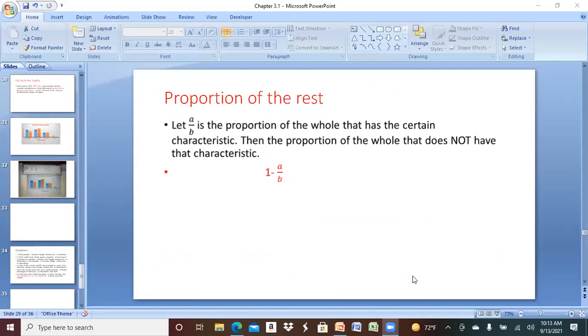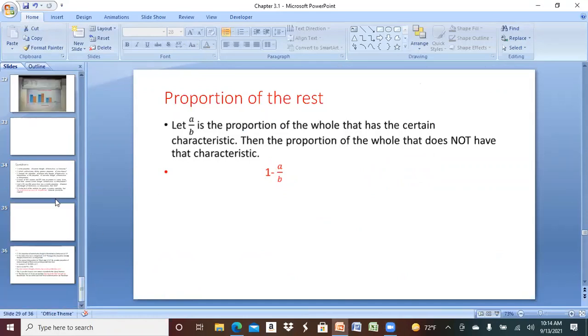Because when everything you add, you will get 1, right? And then you want to find the proportion that is relative frequency, you just subtract from 1. For example, 1 minus 0.3 is 0.7. That is how to find the proportion. Any question until this problem?